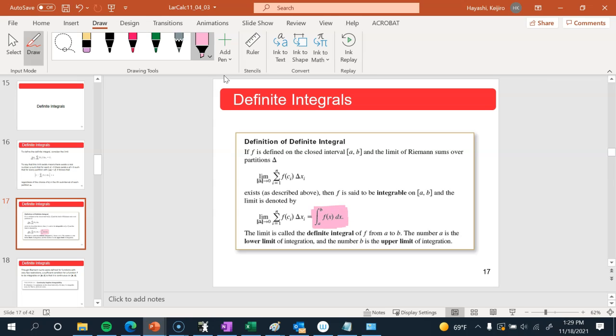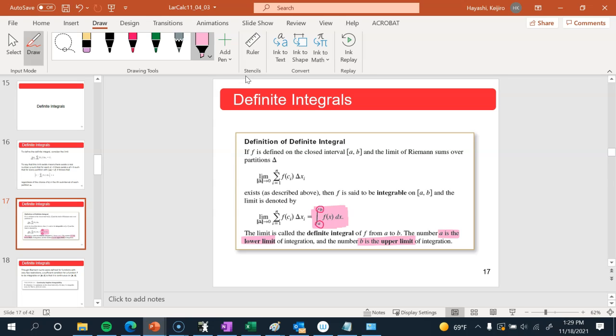Now that looks very similar to what we just did, the difference being that there appears to be a number here and a number here. An A down there and a B up there. The number A is the lower limit of integration, and the number B is the upper limit of integration. Those are our limits of integration.